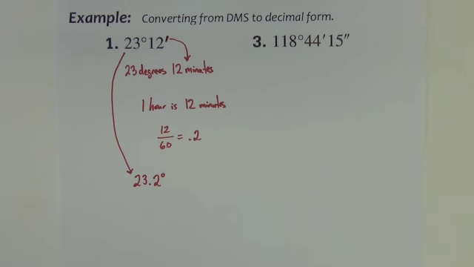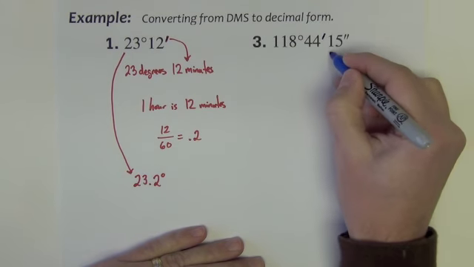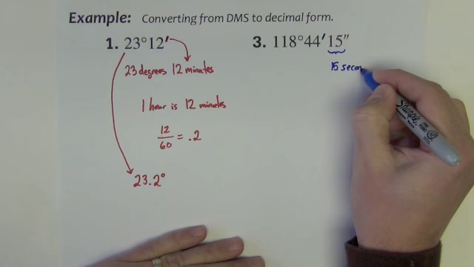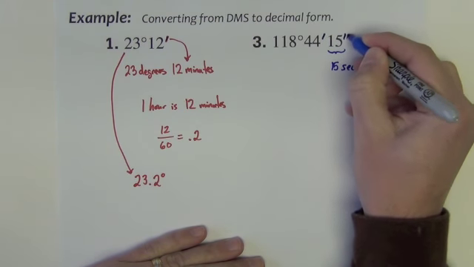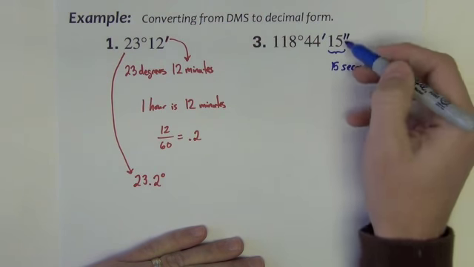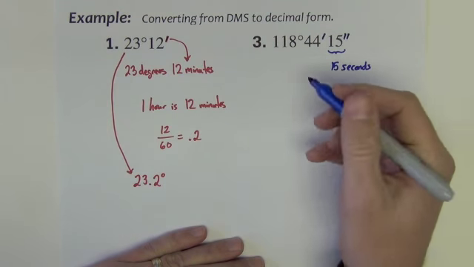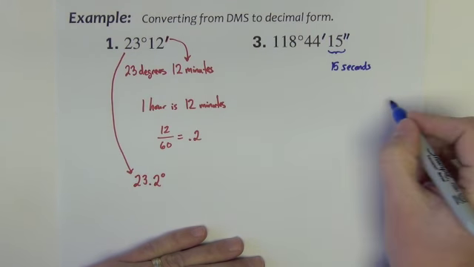Okay, this one over here, 118 degrees 44 minutes. We know what that is. And then this part here is 15 seconds. The double mark there means seconds. So how would I do this? We could just set up a math sentence to work this out.